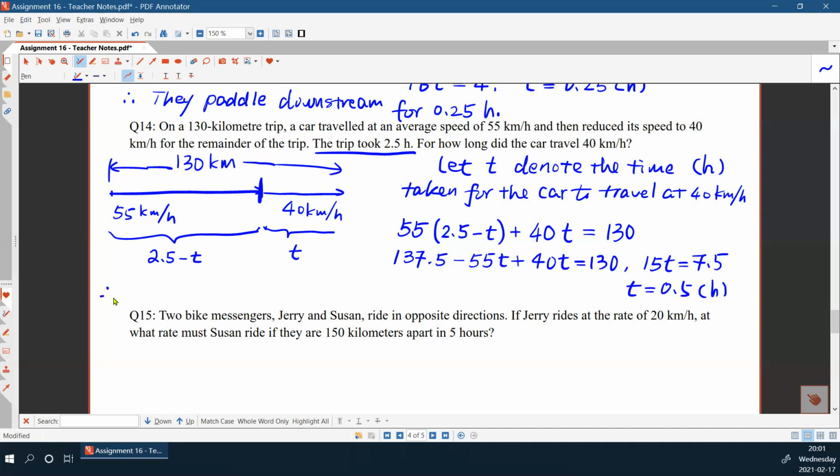So now we can make the conclusion. The car traveled at 40 km per hour for 0.5 hours.